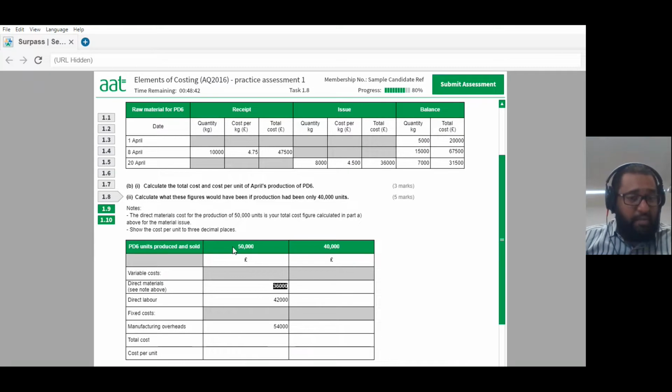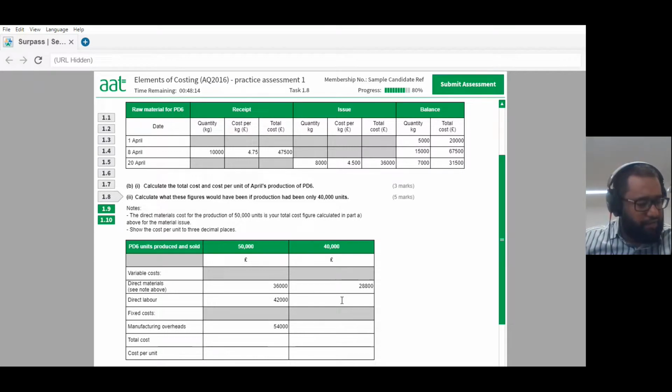So this is divided by the number of units. Always remember, when it comes to cost calculations, the cost is going to be your numerator, and the denominator is going to be the number of units. So that means you'll be able to find the cost per unit. So 72 pence cost per unit multiplied by 40,000 gives you 28,800 here.